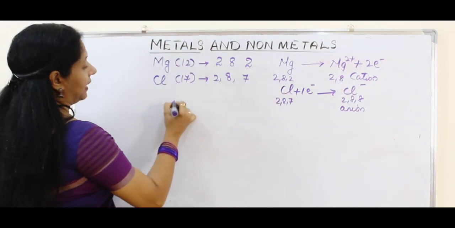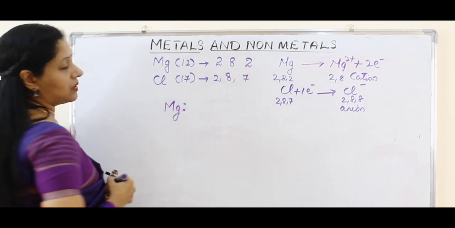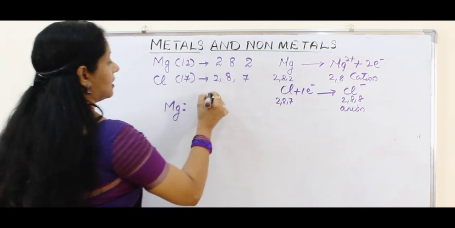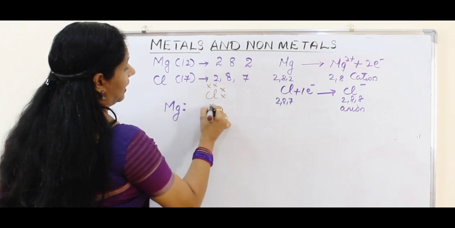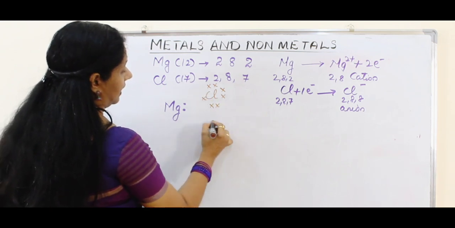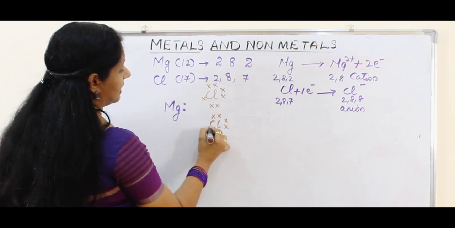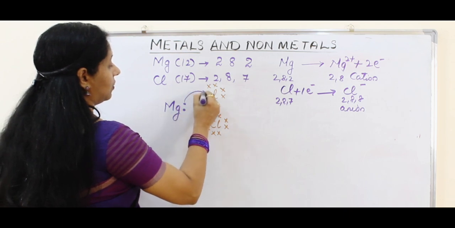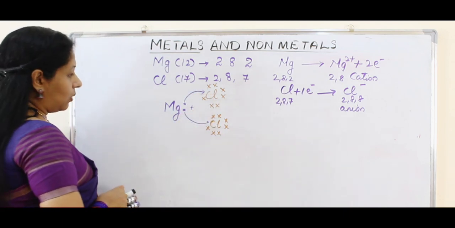For example, if I draw Mg, it has got 2 electrons in the outermost shell. We are showing only the valence electrons. Whereas chlorine 1, 2, 3, 4, 5, 6, 7. Another chlorine 1, 2, 3, 4, 5, 6, 7. So from here 1 electron will go here and 1 will come here. So both the chlorines will take 1 each.